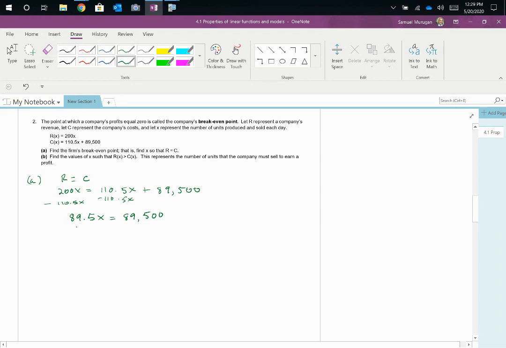Then divide both sides by 89.5 and we get x is equal to 1,000.